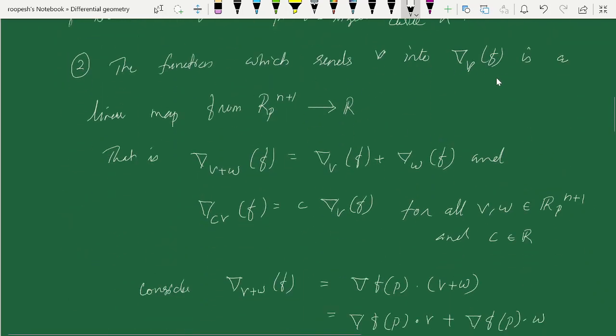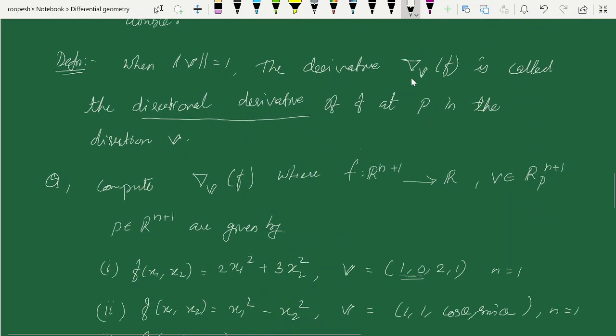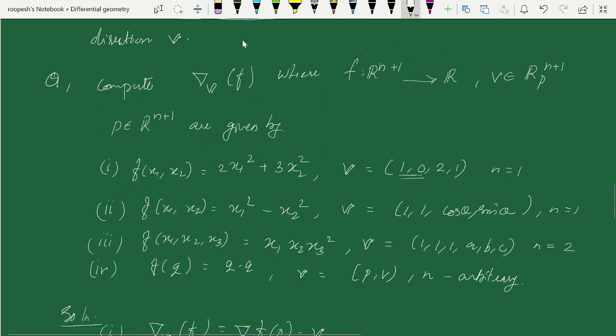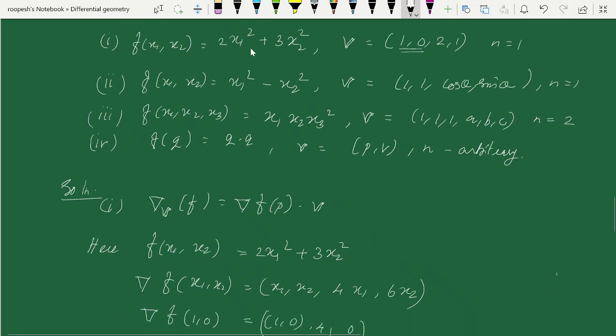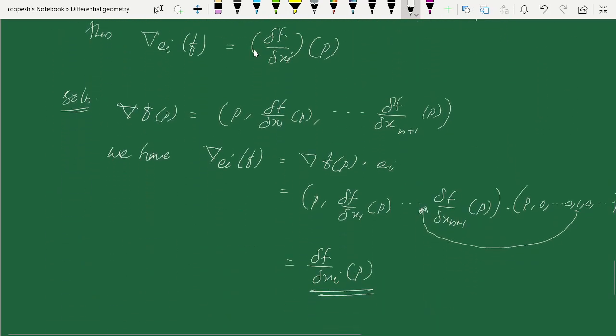The map which sends v to del v of f is a linear map. Then we discussed what a directional derivative is, how to find the derivative of a function with respect to some vectors, and we have seen one more problem. Hope you understood today's class very well. Thank you for your patient listening.